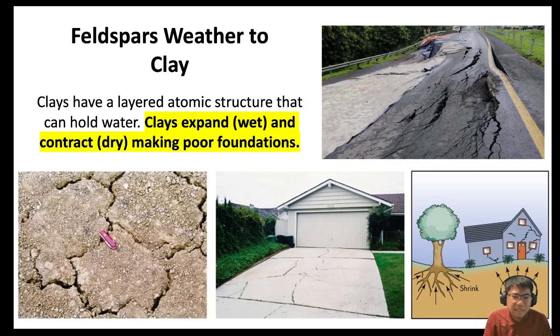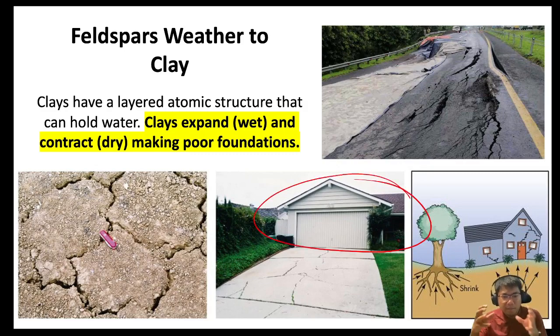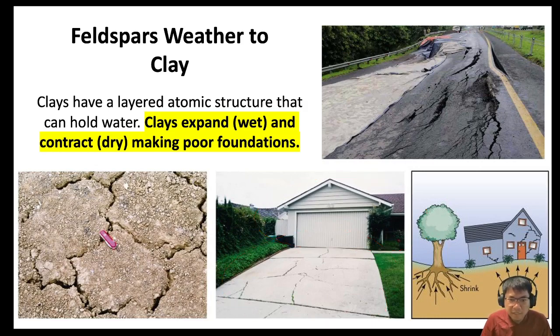Then it would actually cause some damage to existing structures. For example, if you have houses built on clay, you can imagine that this expansion and contraction of clay within the foundation of the house would damage the house. For example, you can see here these cracks that could be associated with the expansion and contraction of clay.